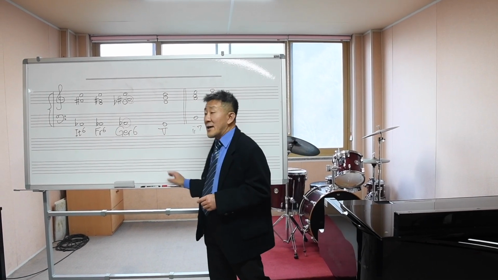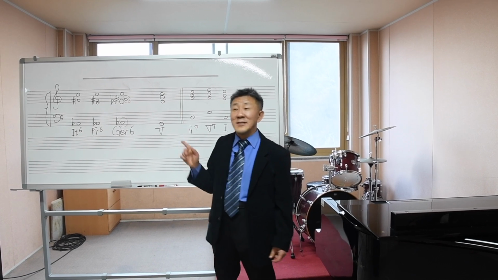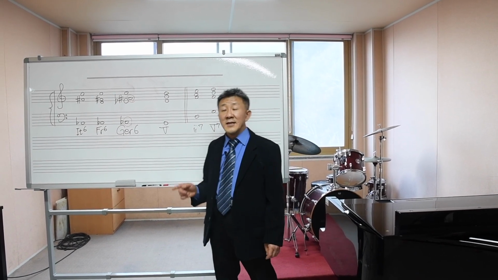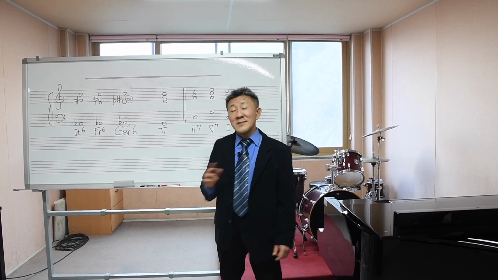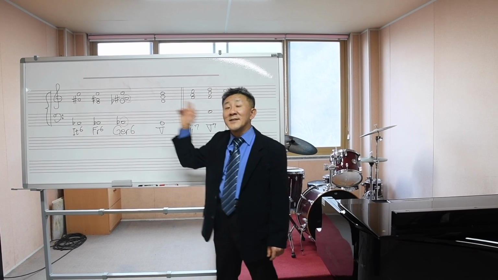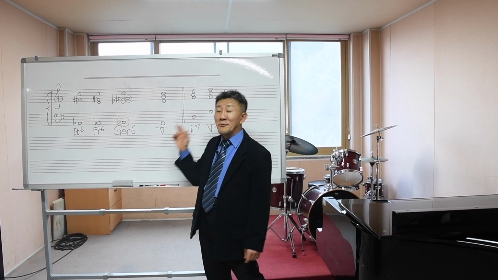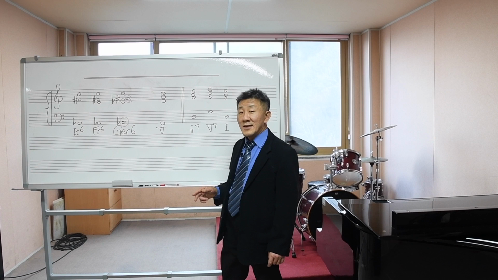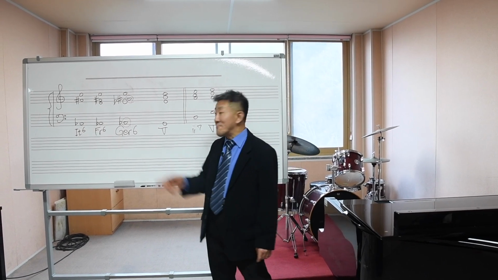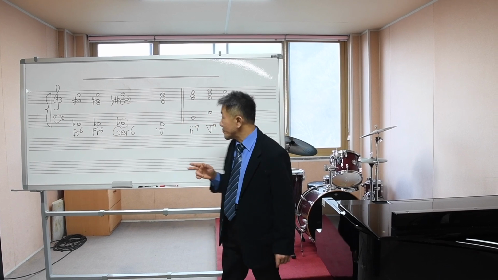Now, I said they typically resolve to a dominant because there are examples of them resolving to a tonic, or they can occur in a passing motion. But typically and traditionally, these augmented sixth chords serve a predominant function, resolving to a dominant.